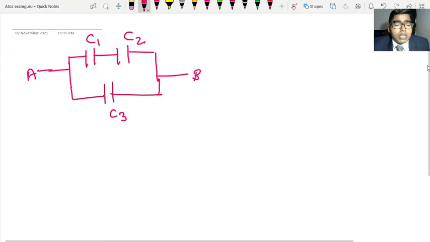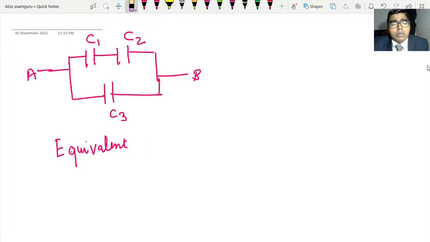Then you have to calculate the equivalent capacitance. What is the equivalent capacitance of the circuit?